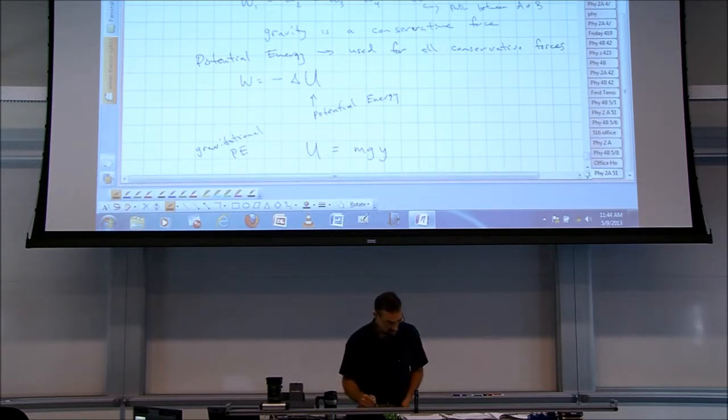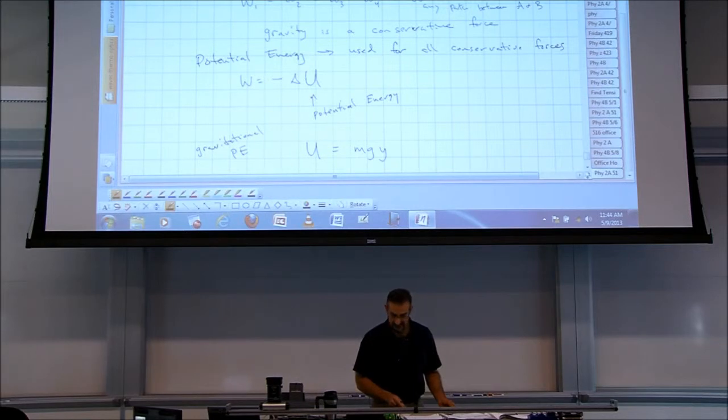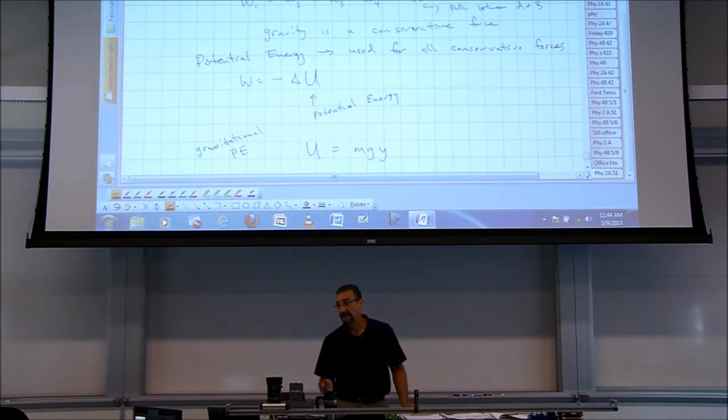So there's our potential energy term for gravitational field. This only, of course, works when the gravitational force is constant, when it's mg. When is the gravitational force equal to mg? When you're at the surface of the Earth, okay? And you're not moving very far.